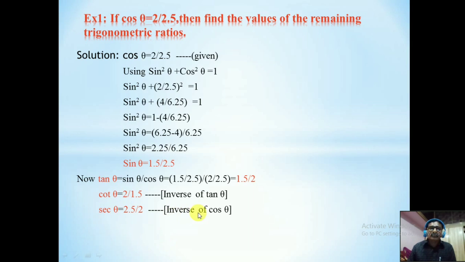Sec theta is inverse of cos theta, and value of cos theta is 2 upon 2.5, and inverse of this is 2.5 upon 2. Cosec theta. Cosec theta is inverse of sin theta. Value of sin theta is 1.5 upon 2.5, and inverse of this is 2.5 upon 1.5.